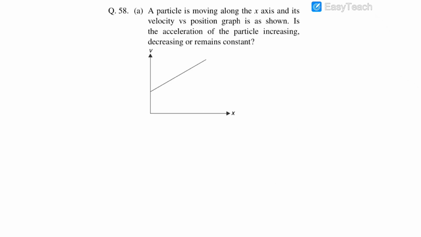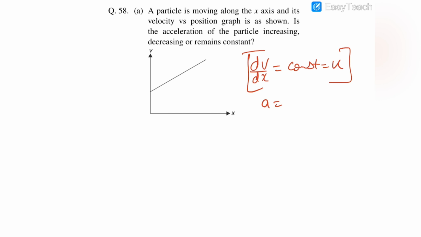In this question, you can see that this is a velocity displacement graph of a particle which is moving on the x-axis. So we have to find out whether the acceleration of the particle is constant, decreasing or increasing. You can see that dv by dx is the slope of this graph and it is constant because it is a straight line. So let us suppose that the slope is k and v is variable because v is varying.